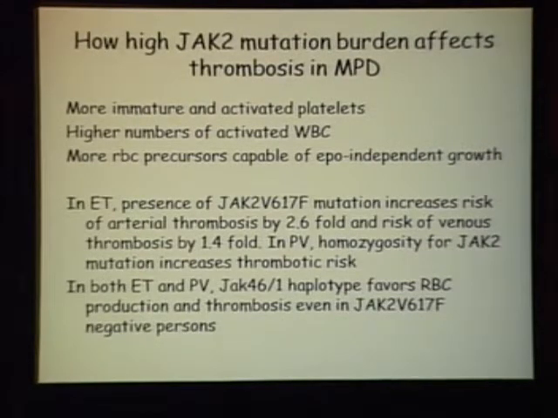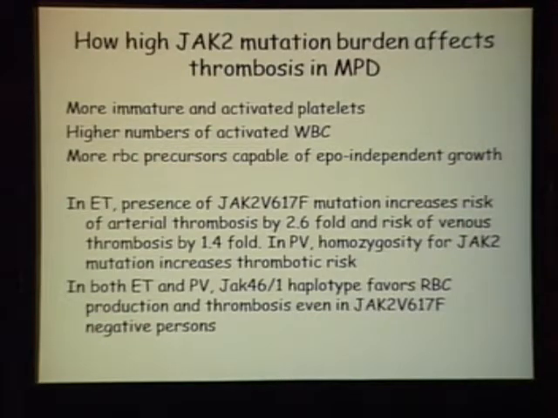Now, how does the high JAK2 mutation burden affect thrombosis? It appears, and again, the data are rather limited, that if the JAK2 burden is high, the platelets are somewhat more immature and activated, and that usually means hyperfunctional, or at least dysfunctional.